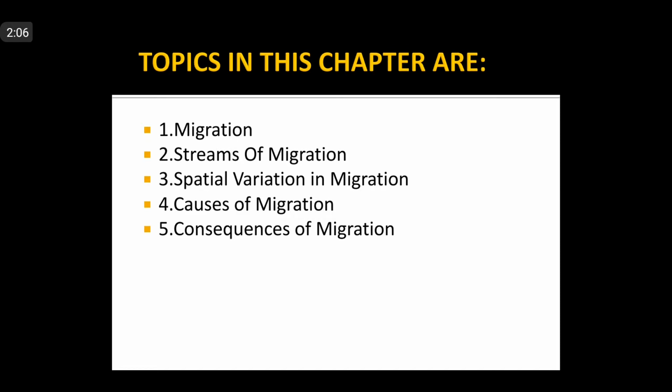And spatial variation, remember what we have discussed in the last video, that in India there is an uneven spatial variation in migration in terms of in-migration and out-migration. States receiving a high number of in-migrants: which state? Maharashtra is the largest migrant receiving state.